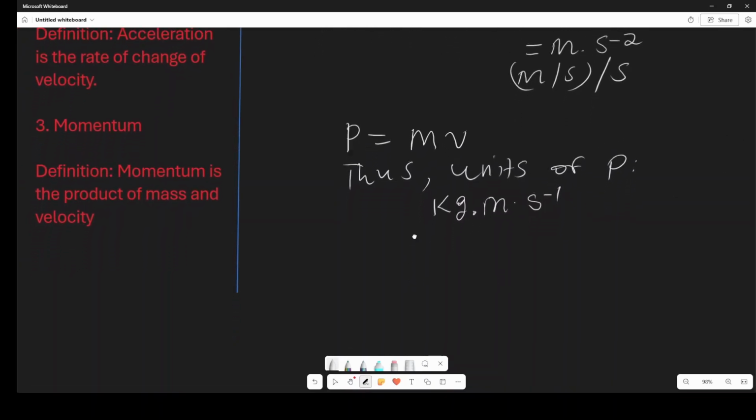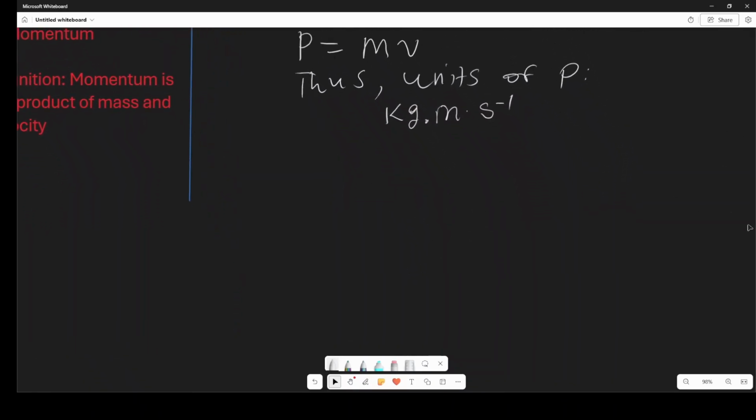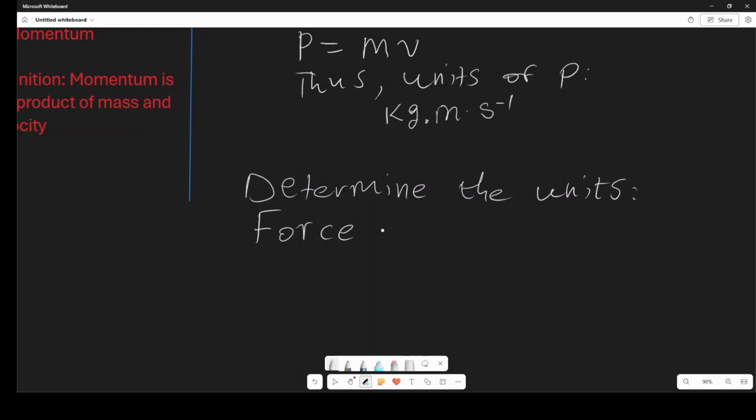All right, now you should also try to use the same procedure to determine the units of force.